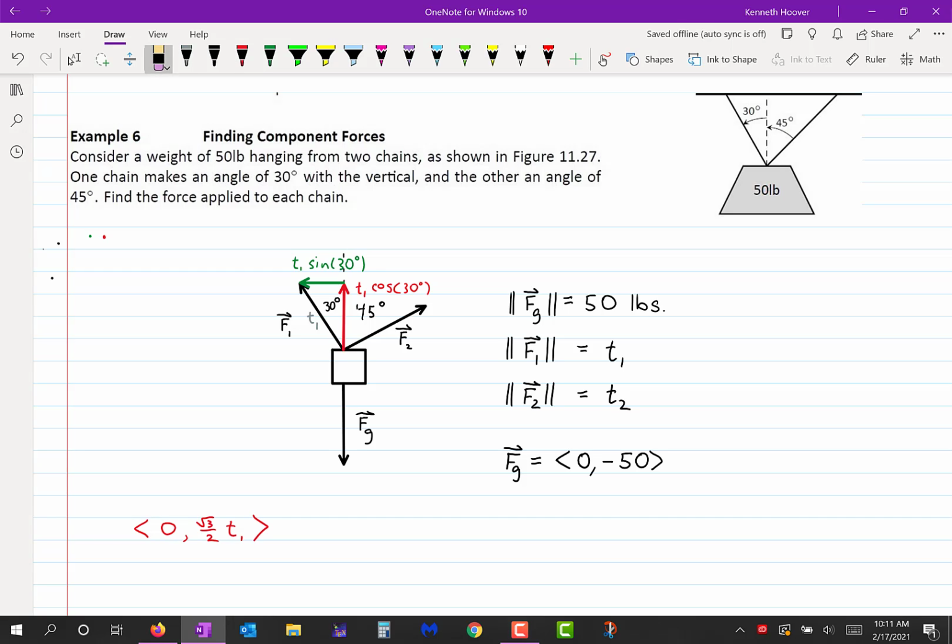Let's actually leave it as cosine 30 degrees because I want you to get used to seeing that. And what's the green vector? The green vector has a length of this and is pointing horizontally to the left. So doesn't that mean that the green vector would be negative T1 sine of 30 degrees, comma 0, correct?